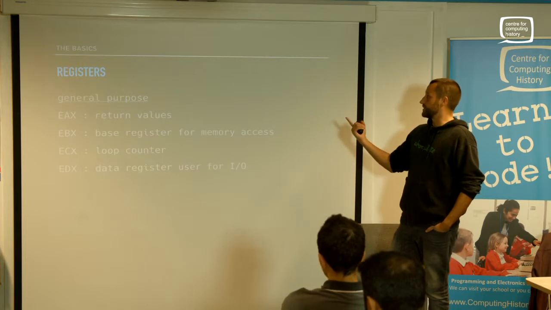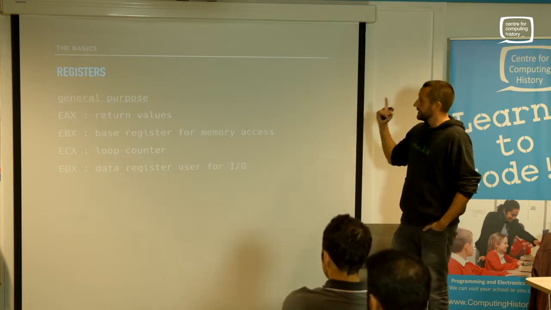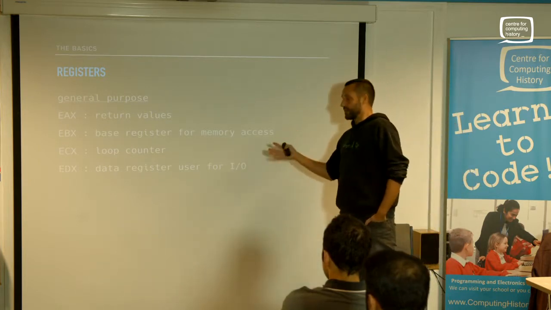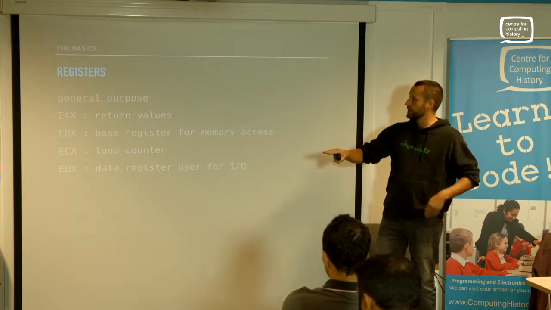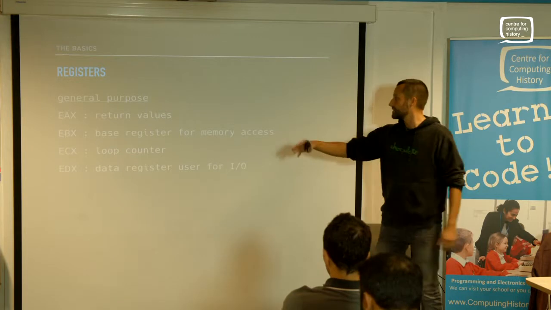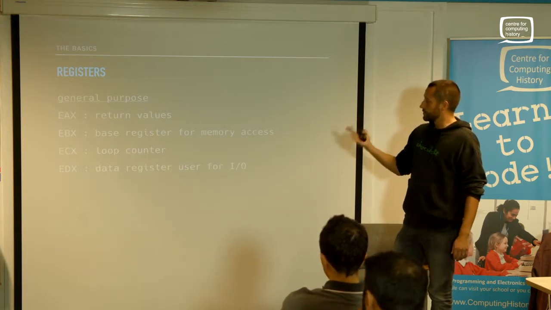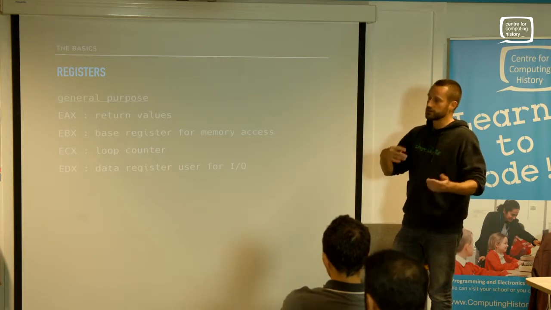The general purpose registers are EAX, which is often used for return values, and EBX, which is the base register for memory access, so you'll often have a value in there which points to a place in memory, and then you'll be working from that point with offsets. ECX is often used as a loop counter, and EDX as a data register for string operations.